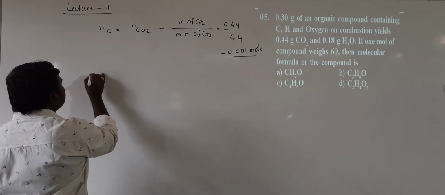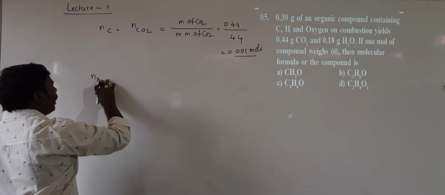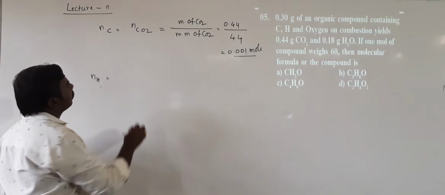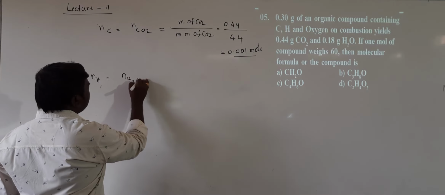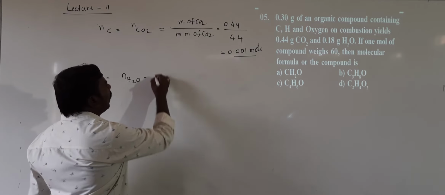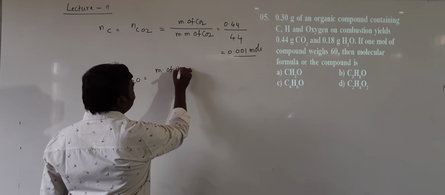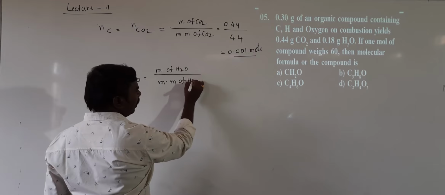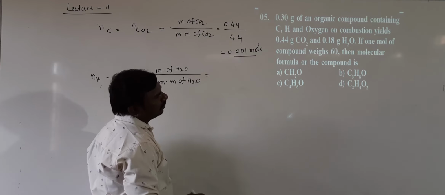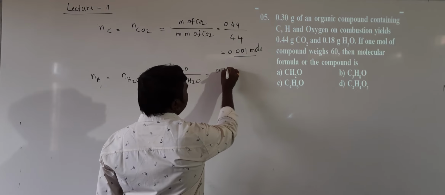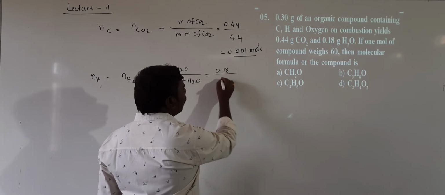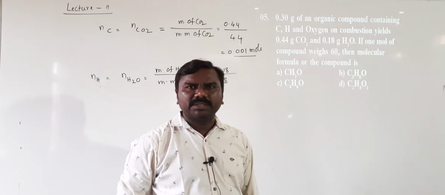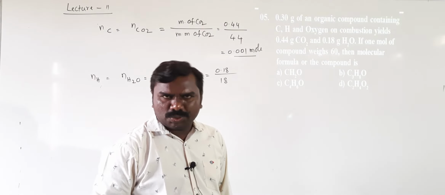Number of hydrogens equals number of H2O, that is mass of H2O by molar mass of H2O, the same thing here. Mass is 0.18, molar mass equals 18: oxygen 16, 2 hydrogens 2.